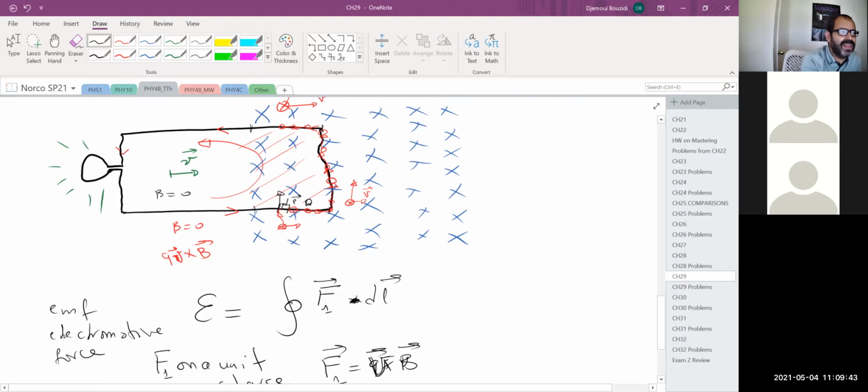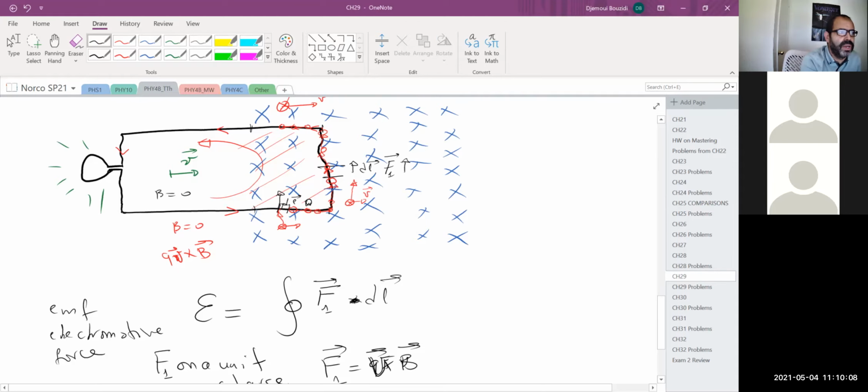So the only place where I have a displacement in this direction and a force on a unit charge in the same direction, where the angle between them is 0 degrees, is in that region. And the force there is constant. I drew it a little bit jaggedy, but I was not trying to. It's because I cannot draw vertical lines on this screen.